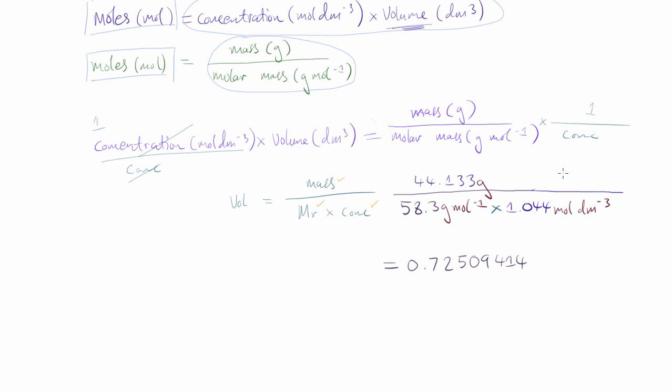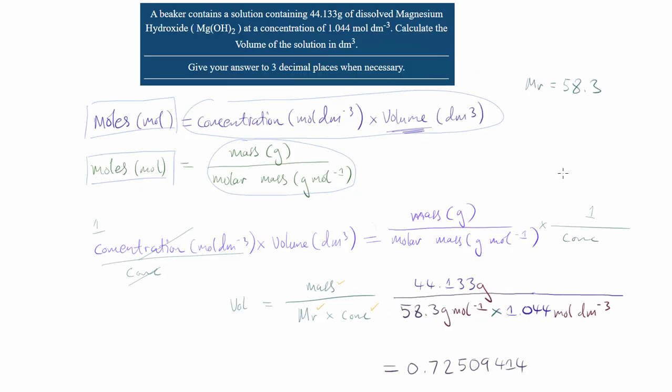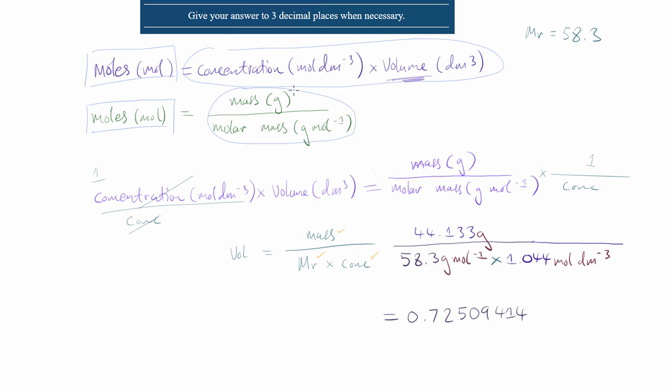So that is effectively the first value you've got out when we're trying to work out what our volume is, but we do need to adhere to what the question has asked us to do. The question has specifically said, give your answer to 3 decimal places, right? So therefore that's going to be equal to 0.725.